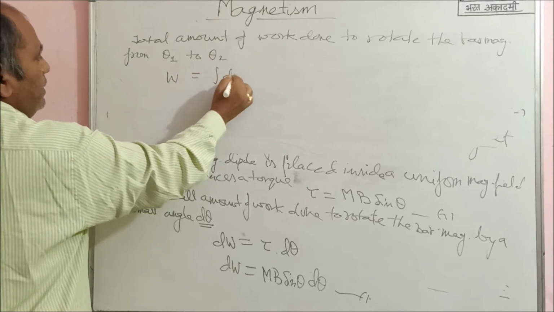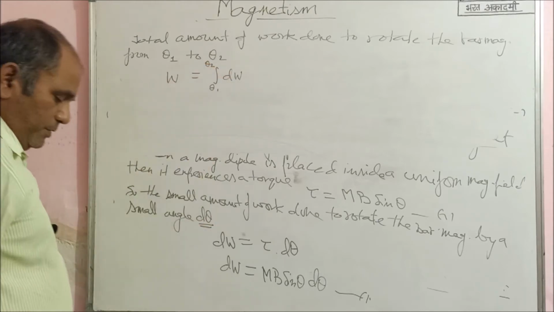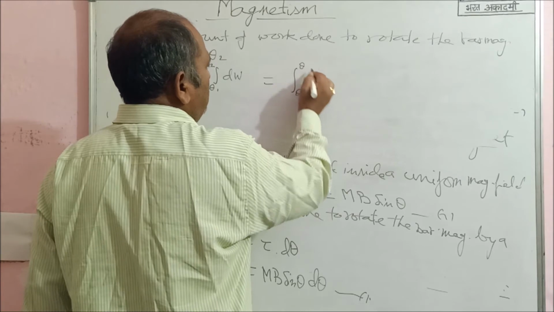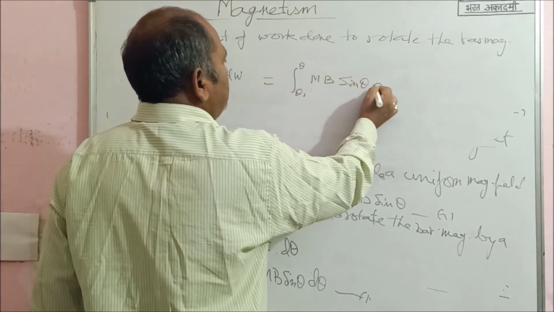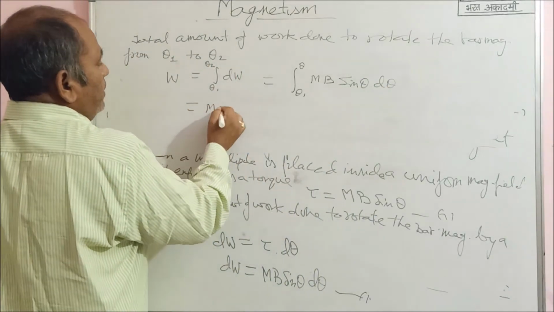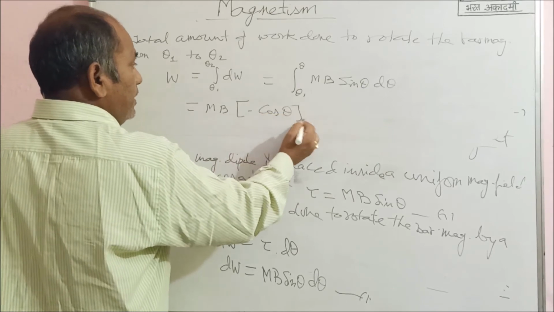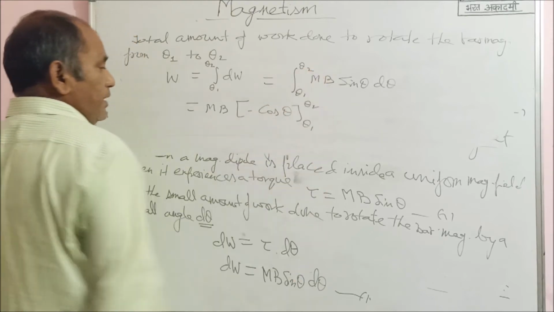Simple integral of dW from theta 1 to theta 2. Substitute the value of dW. What we will get? Integral theta 1 to theta 2 mB sin theta d theta. The sin theta is the only variable. So what we got? Integral of sin theta is minus cos theta, ranging from theta 1 to theta 2, right?